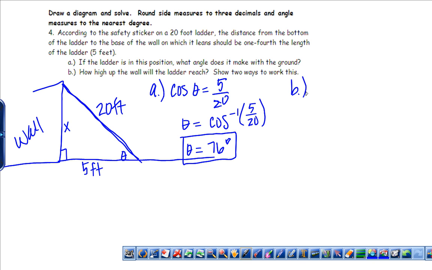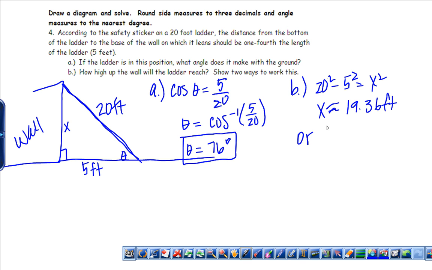Part B, of course, is how high up the wall it is. You could use Pythagorean to see this right here: 20 squared minus 5 squared is equal to x squared. And that's going to give you approximately 19.36 feet.